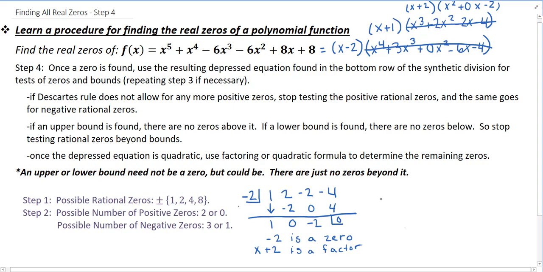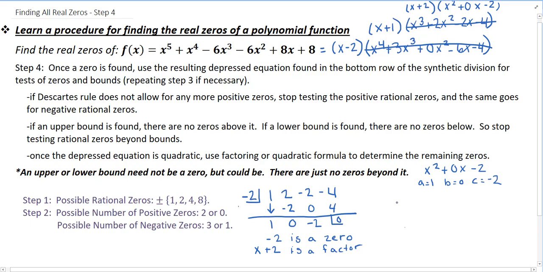So in this case, we'll use the quadratic formula to determine our remaining zeros. So if we use our quadratic formula, I'm just going to list our quadratic here just to remind us what we're doing the quadratic formula on. Notice that your a value is 1, your b value is 0, and your c value is negative 2.